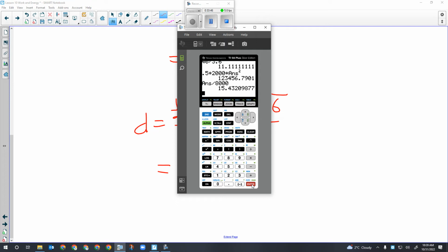I'm only going 10 kilometers an hour faster, and it's now 15.4. Almost double. I only increased my speed by 25%, but I almost doubled my stopping distance because kinetic energy, and thus stopping distance, is exponentially related to how fast you're going.